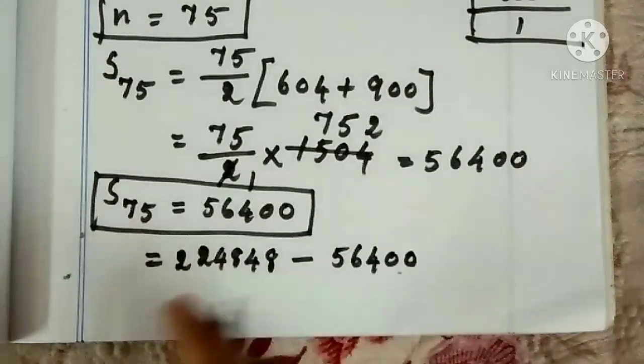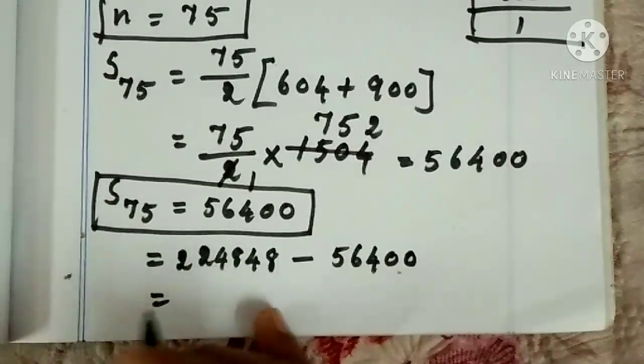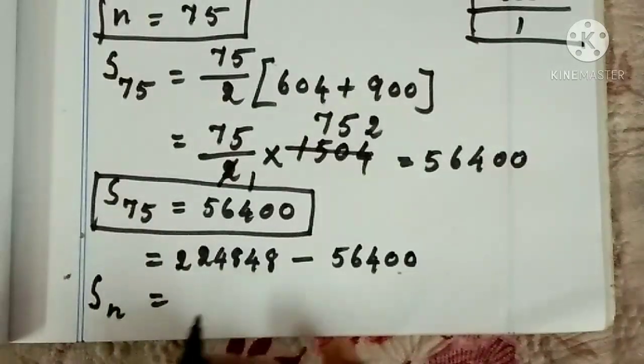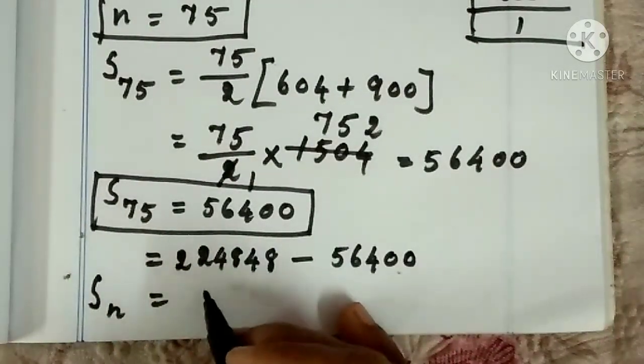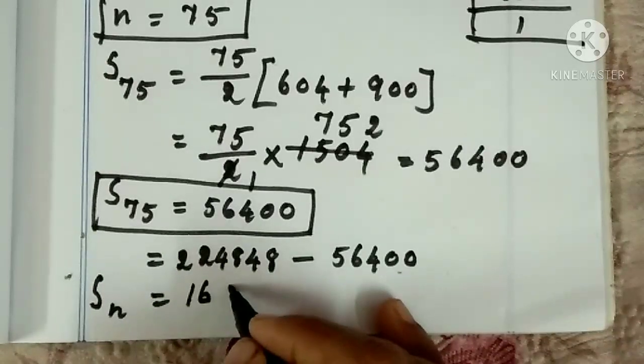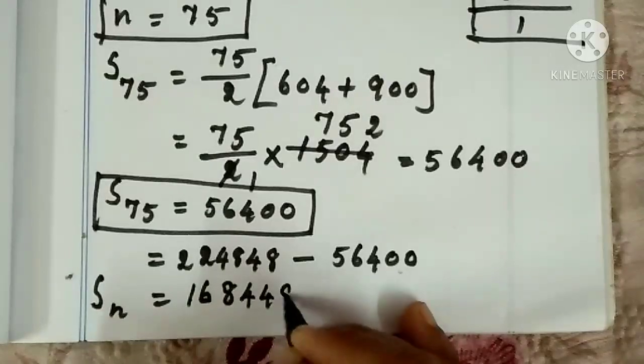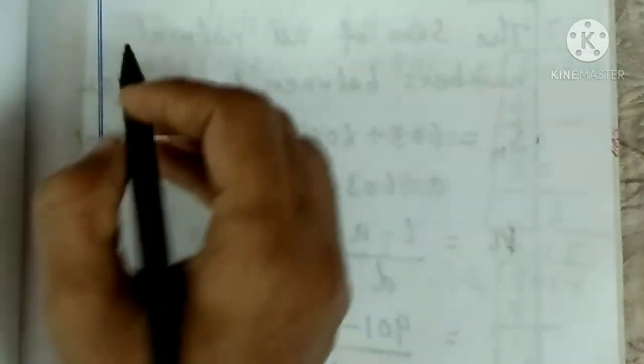These two values we have to subtract, and we get the sum of numbers not divisible by 4, that is Sn is equal to 16,08,448. Now take down and write the answer.